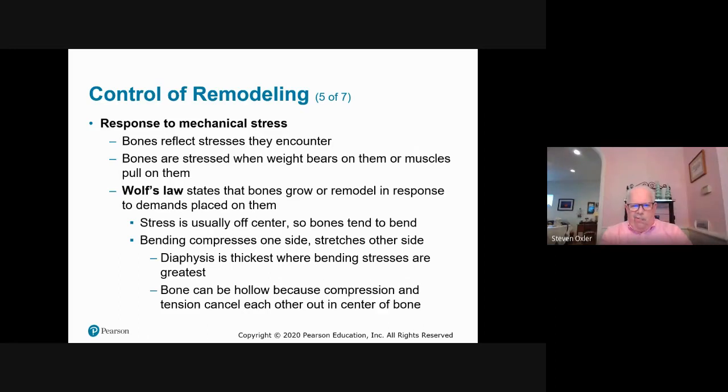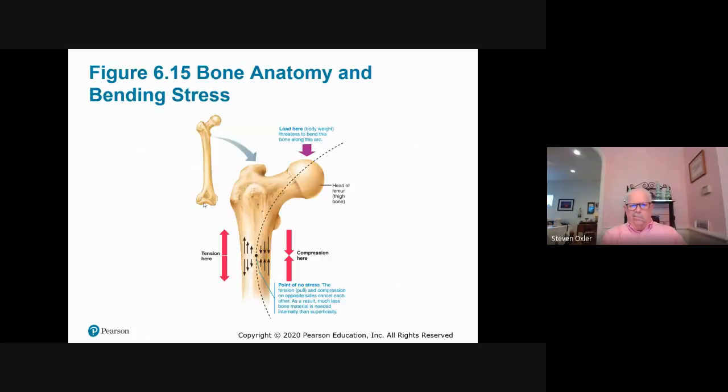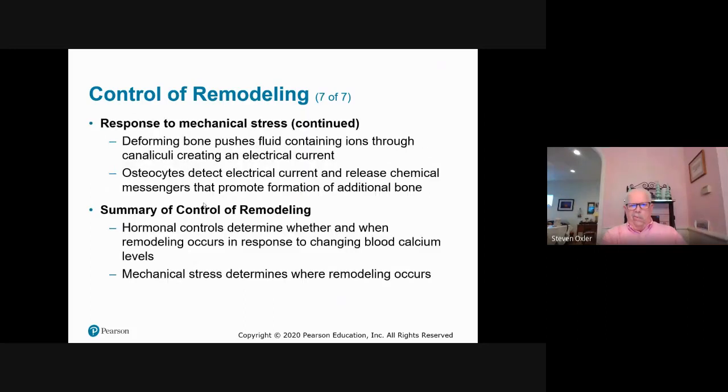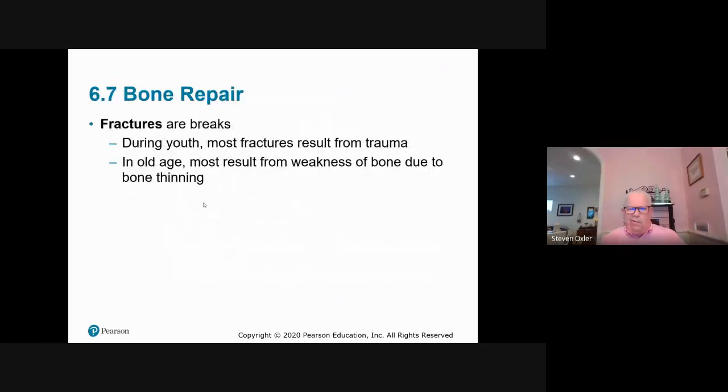Oh, don't worry about Wolff's Law. Wolff's Law is not really 100% accurate, so I'm not going to ask you any questions on Wolff's Law. Not really important, but I certainly, as a doctor, need to talk to you about bone fractures.